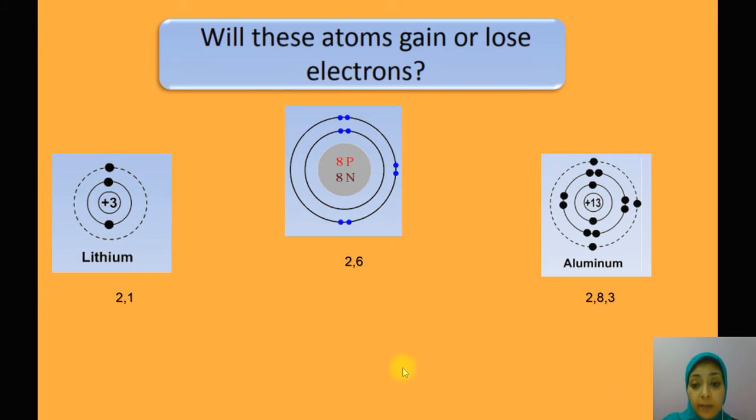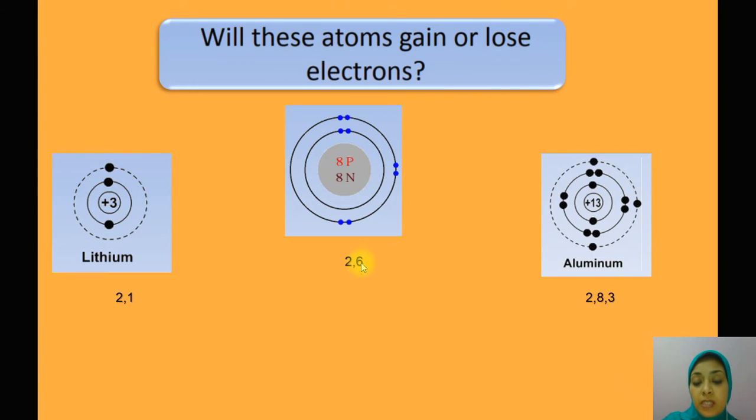We will make an agreement that every atom that has from 1 to 4 electrons tends to lose them, and with more than 4 electrons, it tends to gain electrons. So if we have lithium with 1, it will lose it to complete the first and outermost with 2 electrons, to be like the nearest noble gas, helium.